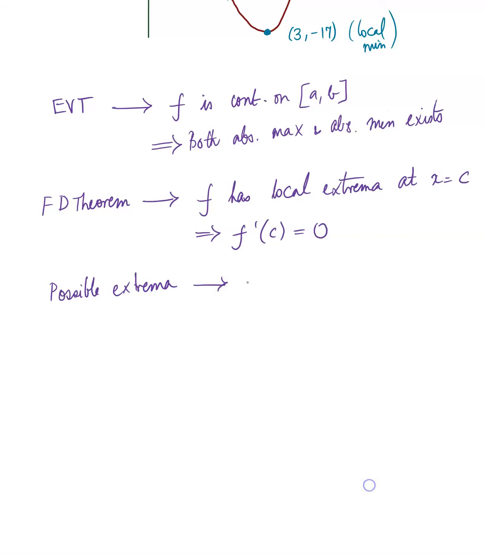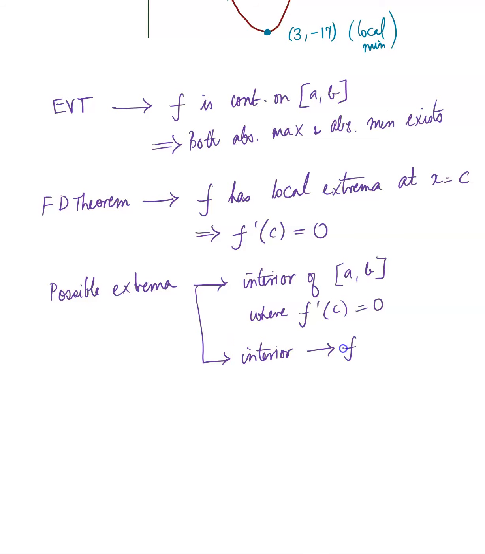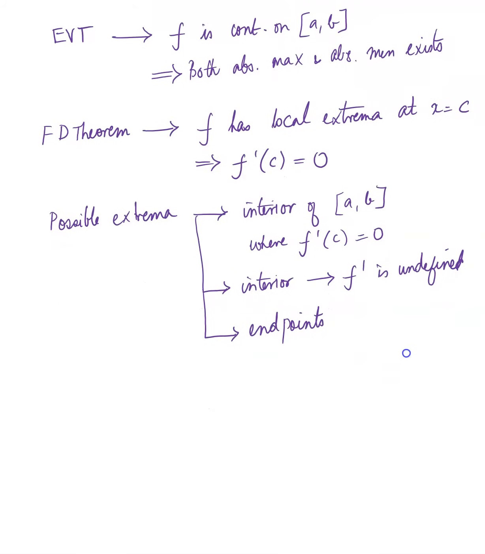You'll find them in the interior of (a, b) where f prime of c is 0, in the interior where f prime is undefined, and at the endpoints. If there are no endpoints, then only the critical points are used.